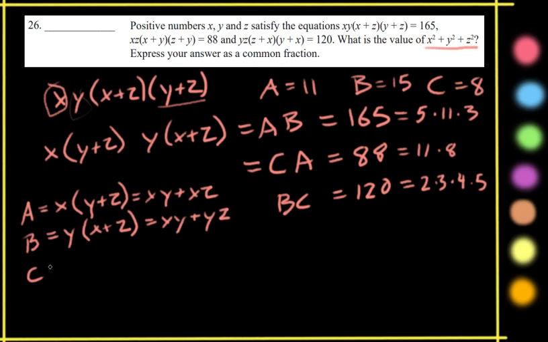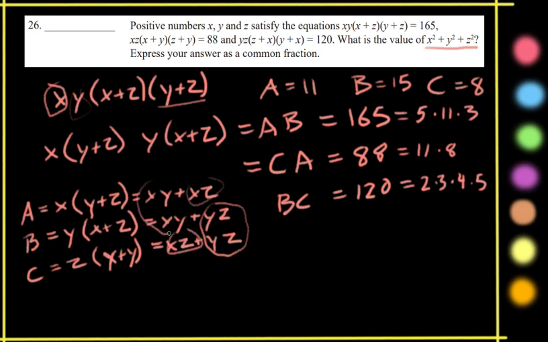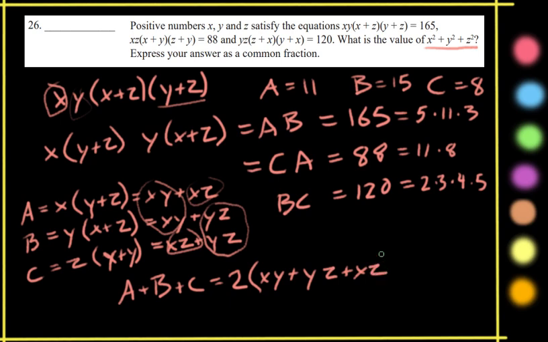And C is equal to z times x plus y, we'll do them in order, which is equal to xz plus yz. And you'll notice that we have 2 yz's, 2 xz's, and 2 xy's. So that means A plus B plus C is equal to 2 times xy plus yz plus xz.